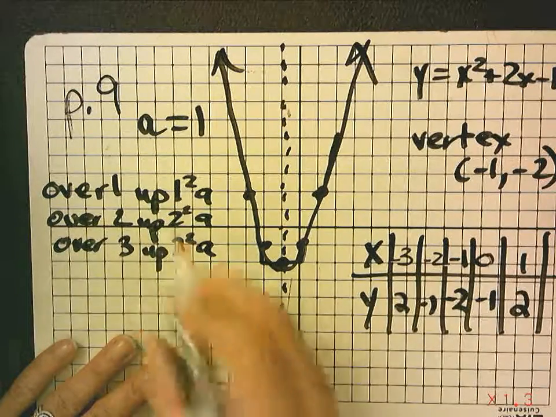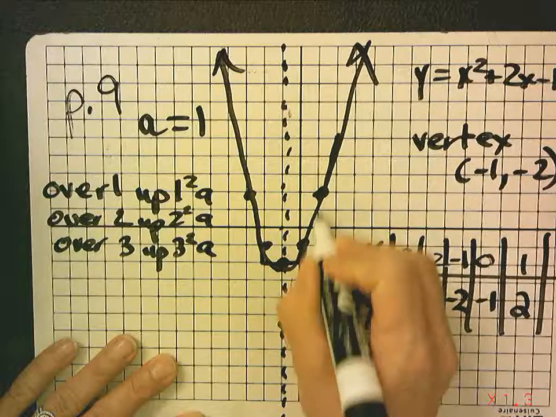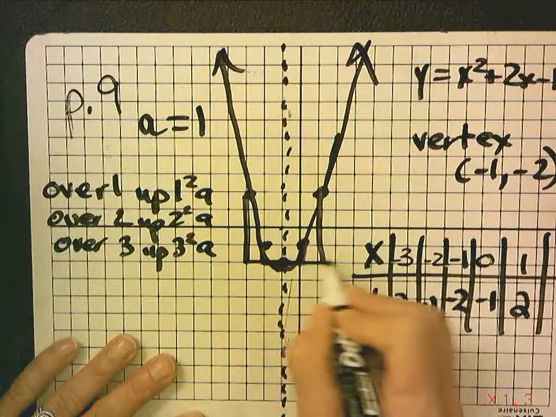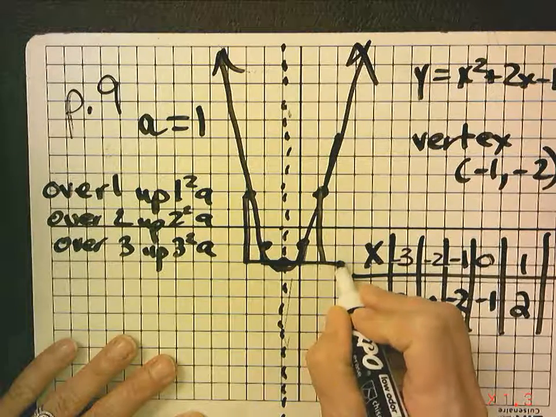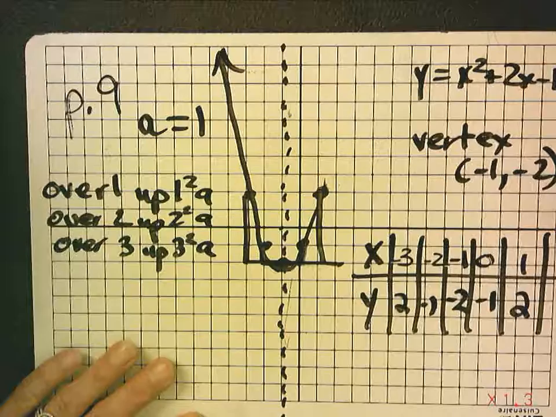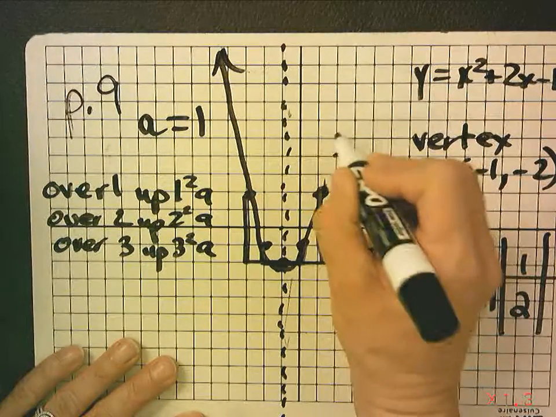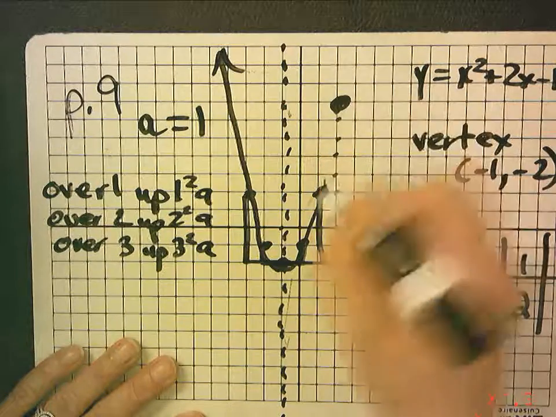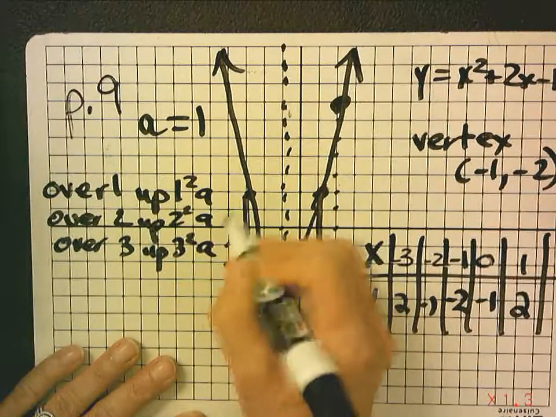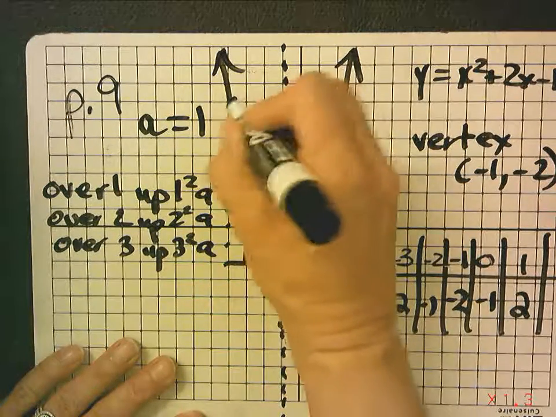Over 2 squared, over 4 times 1, so it's over 2, up 4. Now I'm going to go over 3, and it's over 3, up 9. 1, 2, 3, 4, 5, 6, 7, 8, 9.